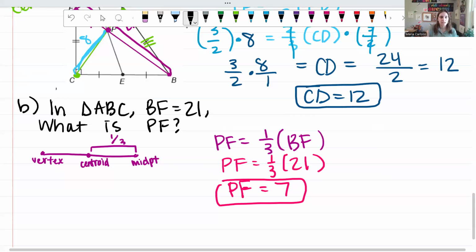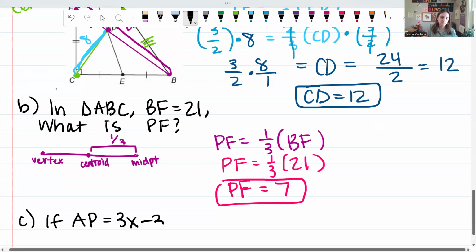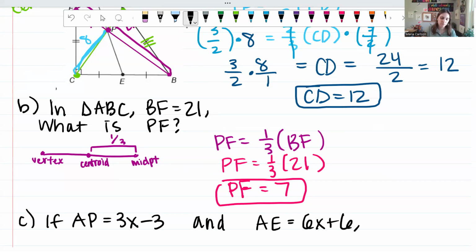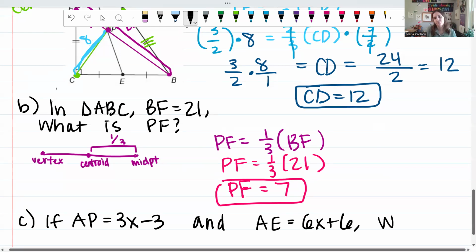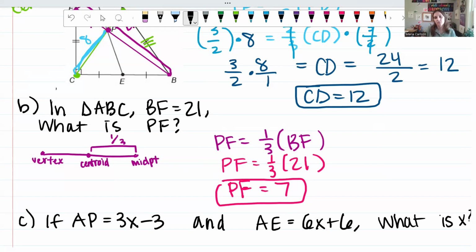All right, last one for this problem, and then we're going to do one more. If AP equals 3x minus 3 and AE equals 6x plus 6, what is x? So just move this ever so slightly.